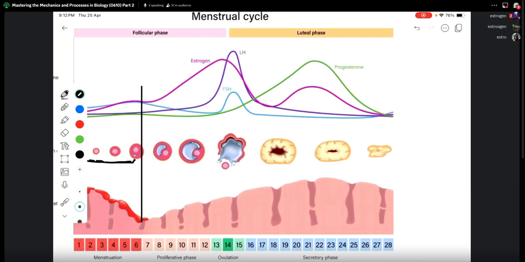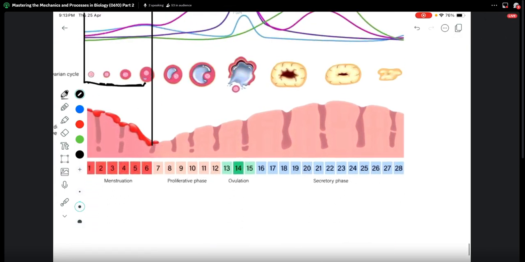Now we come back. The pituitary gland will start to secrete FSH. FSH is the follicle stimulating hormone. From the term FSH, it means it matures and develops the follicle.